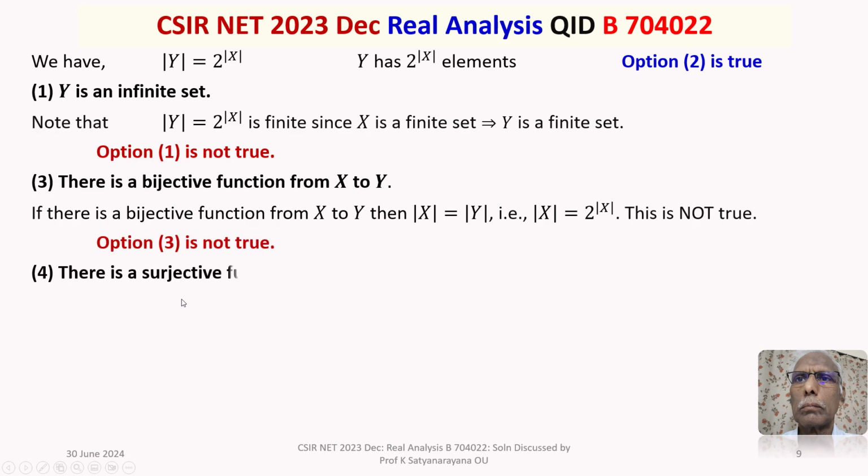Option 4, there is a surjective function from x to y. If there is a surjective function from x to y, then order of y must be less than or equal to order of x. What is order of y? 2 power order of x, less than or equal to order of x. And this is not true.